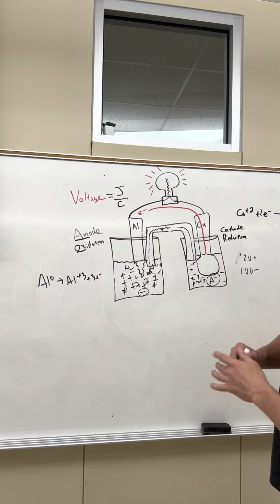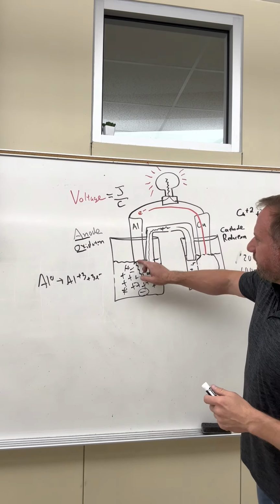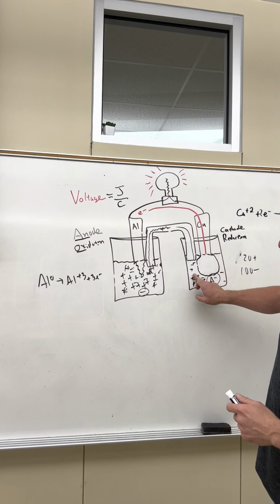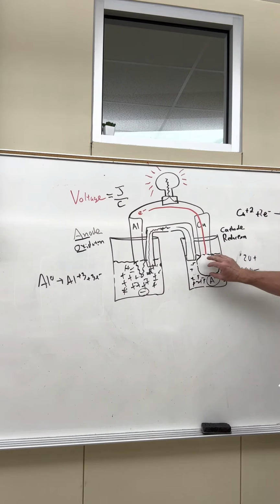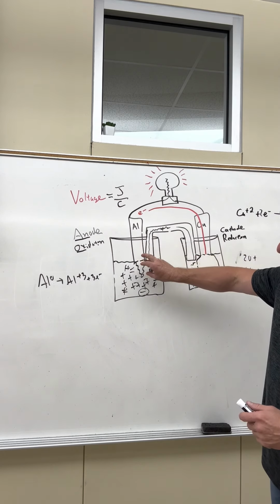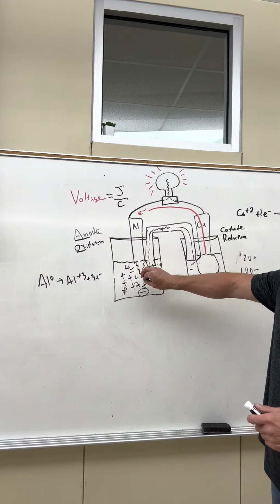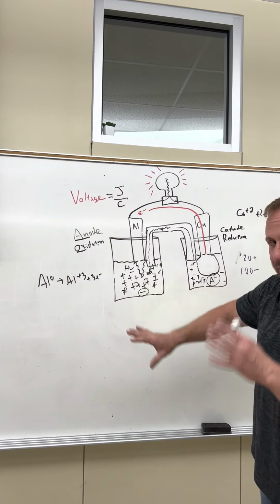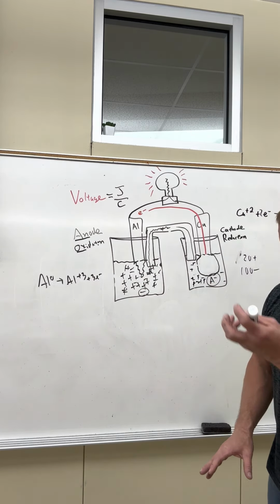So what happens? The electrons flow down to the copper ions. The cathode builds up in size. The anode decreases in size. We would have a buildup of positive charges that could affect the voltage, the pull.